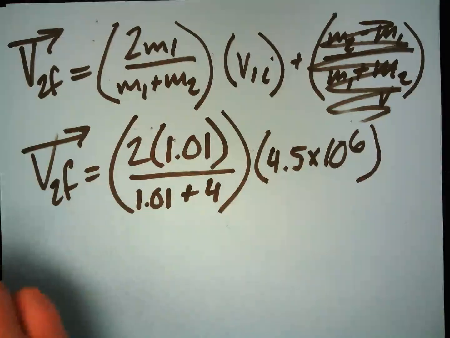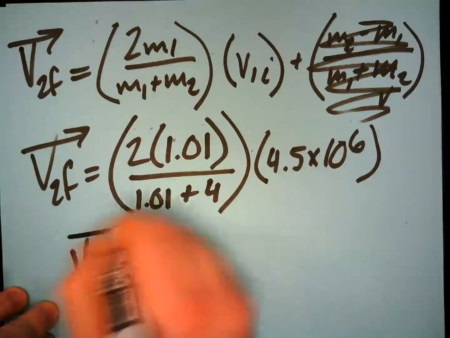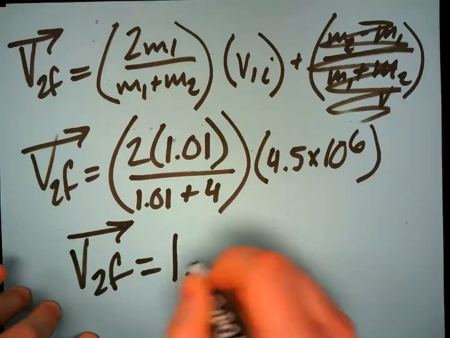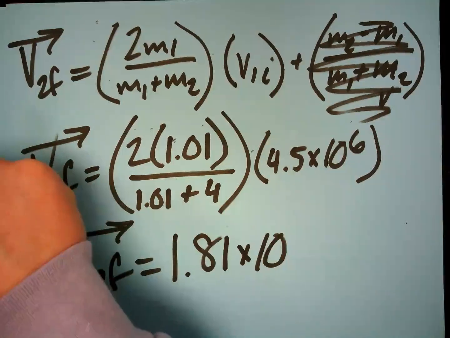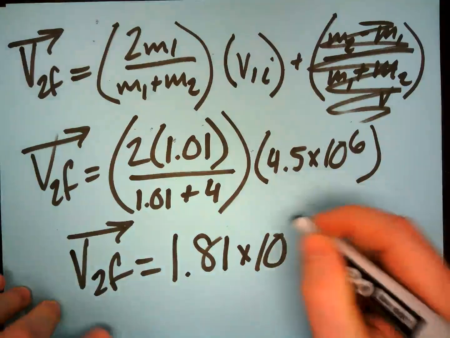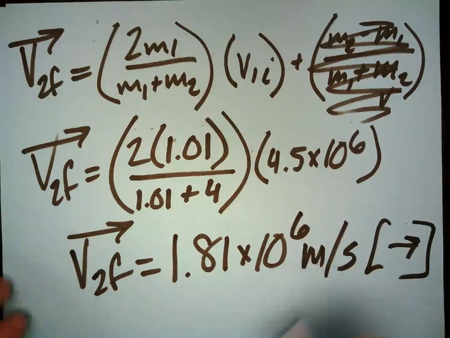And then we should get 1.81 times 10 to the 6th meters per second in this direction.